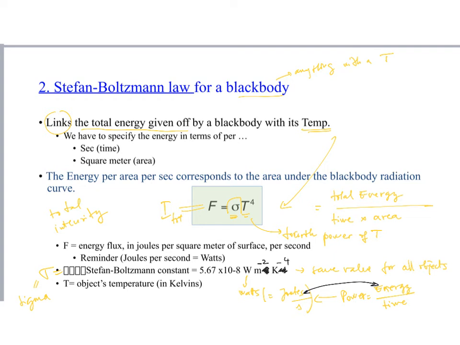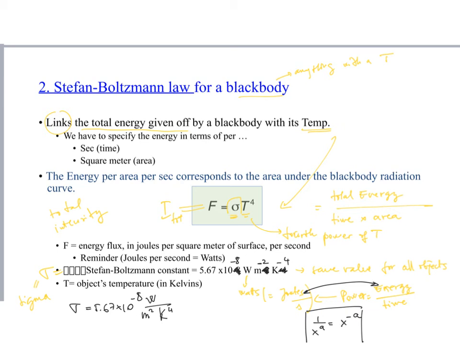So there's another way of writing it. So we have sigma is 5.67 times 10 to the -8, and we have watts per meter squared per Kelvin to the 4. Remember, 1 over x to the a is x to the power of -a. Just a parenthesis here to remind yourselves how to play or manipulate the powers.